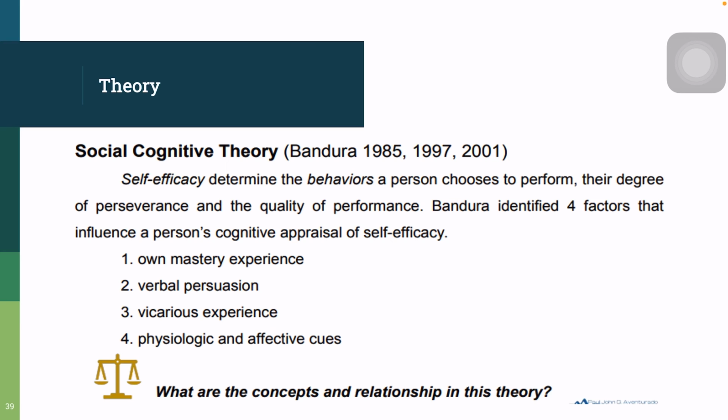Bandura identified 4 factors that influence a person's cognitive appraisal of self-efficacy. We have own mastery experience, verbal persuasion, vicarious experience, and physiologic and affective cues. There are a lot of studies that are anchored on the social cognitive theory of Bandura.